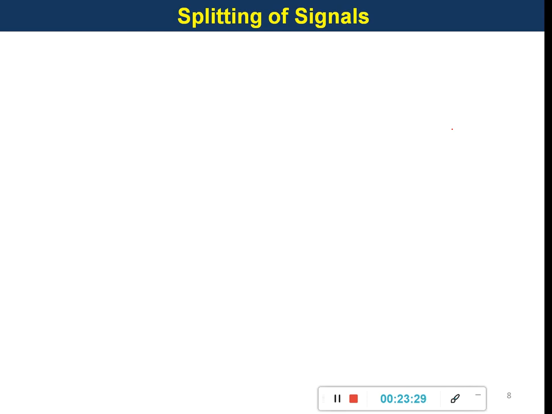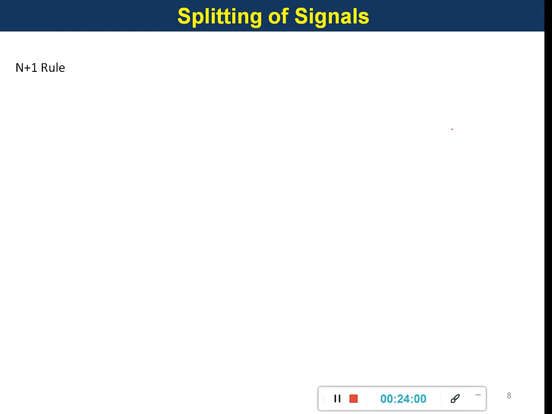So, next one is splitting of signal. This is a very important feature that will help us to find out the nature of protons and the neighboring protons, because splitting of signal is caused by protons bonded to adjacent carbons. Proton NMR always follows the n+1 rule.